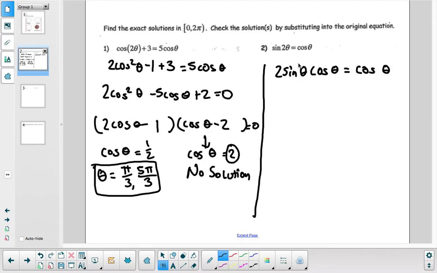And this is the double angle formula of sine, if you don't recognize that. The issue here, though, is now that we didn't get rid of sine, we didn't get rid of cosine, so we have to kind of just work with this. You could treat this like a quadratic equation, get everything to one side.